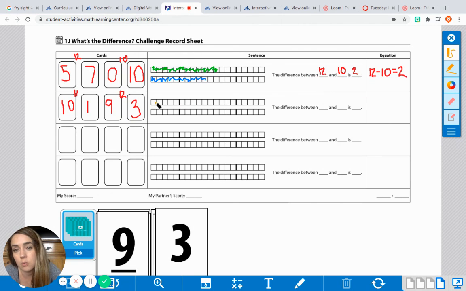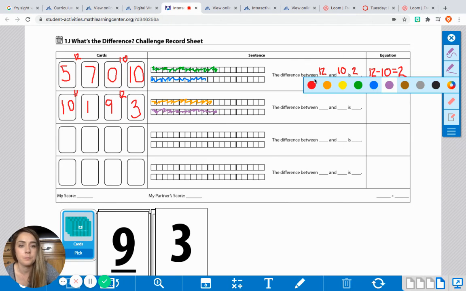So this time I'm going to do orange: 1, 2, 3, 4, 5, 6, 7, 8, 9, 10, 11. And purple: 1, 2, 3. Okay, and 12. And then I'm going to write it in.